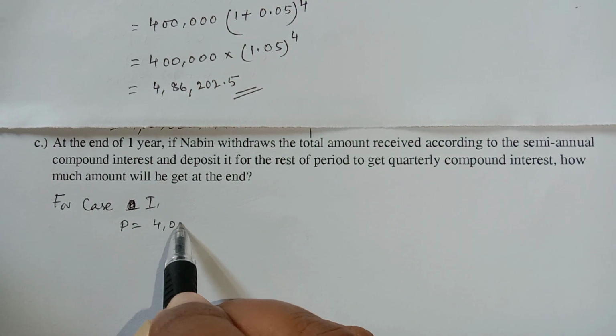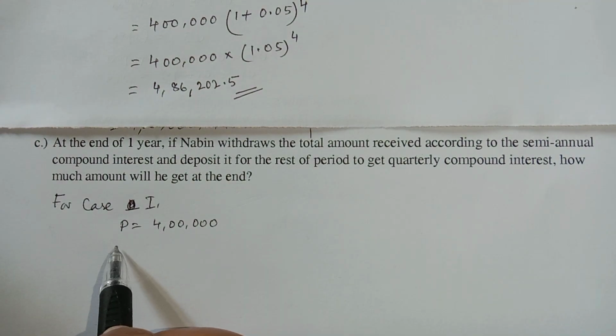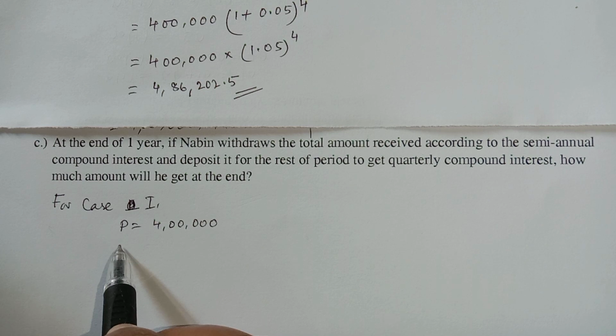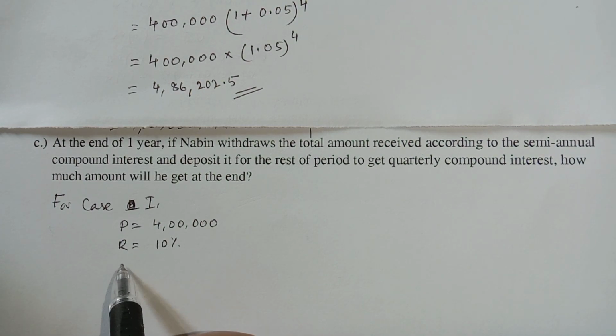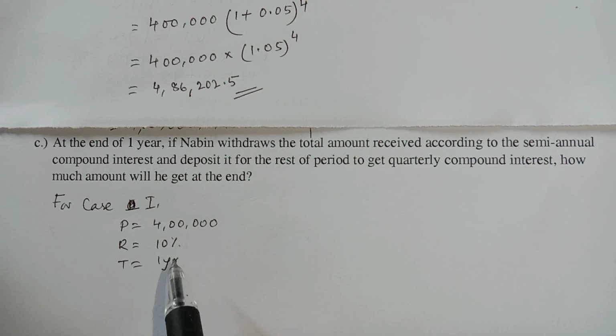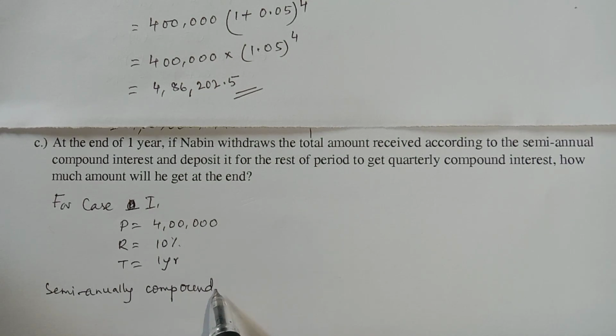P is 4 lakhs, rate is 10%, time is 1 year, by semi-annually compound interest.